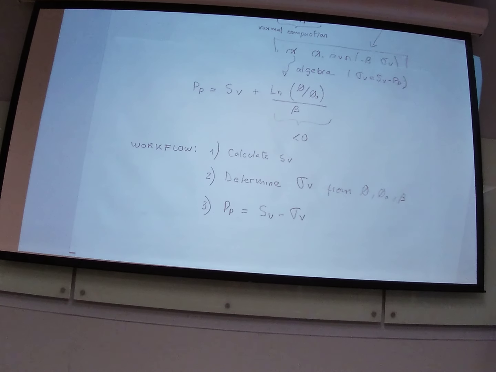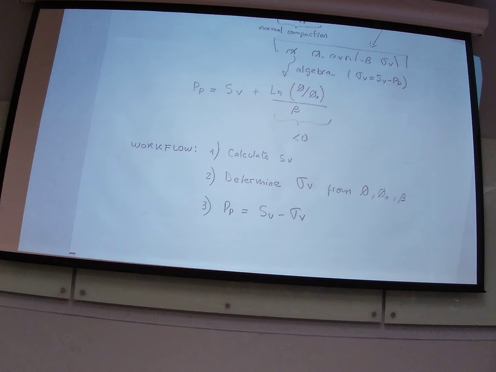You're going to see one example, as I said, in the homework. And this is usually the regular procedure in which you will estimate pore pressure in this type of sediments. A very common procedure, for example, to estimate pore pressure and overpressure in Gulf of Mexico sediments.